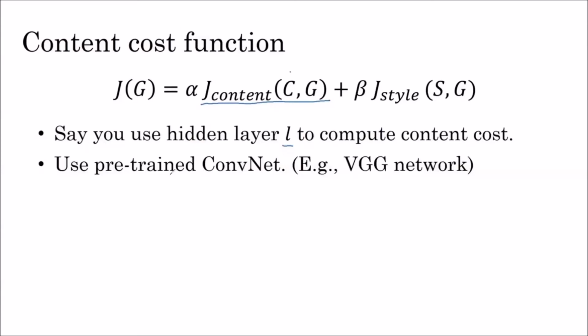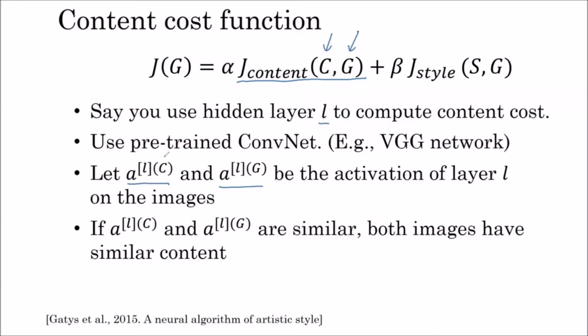We use a pre-trained ConvNet, which may be VGG 16 or VGG 19, for this purpose. Let's say the activations are a^[l](C) and a^[l](G).